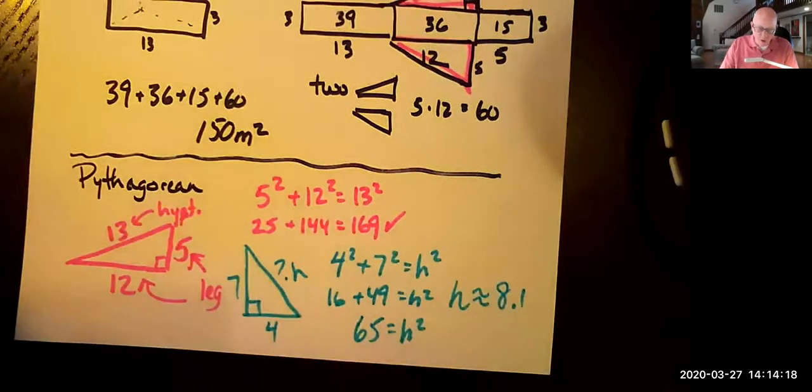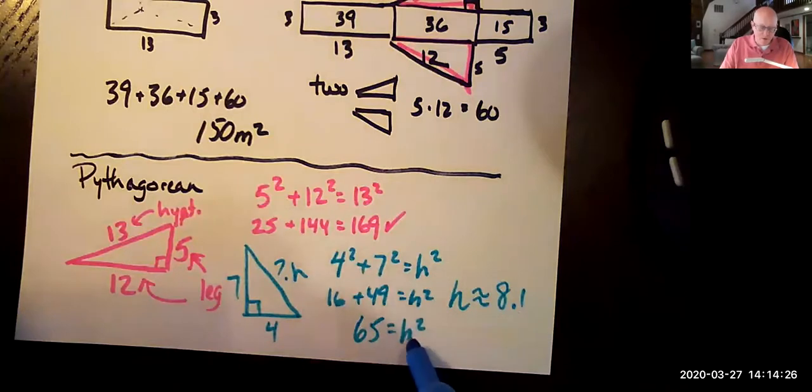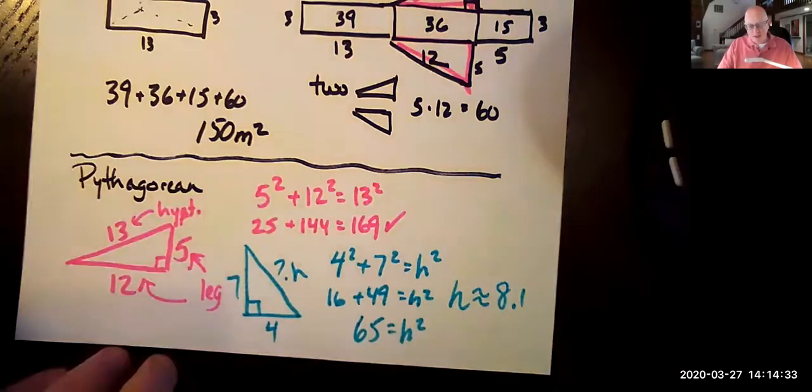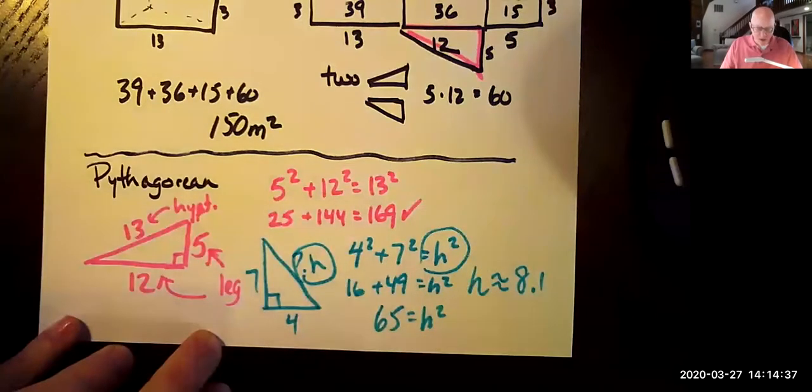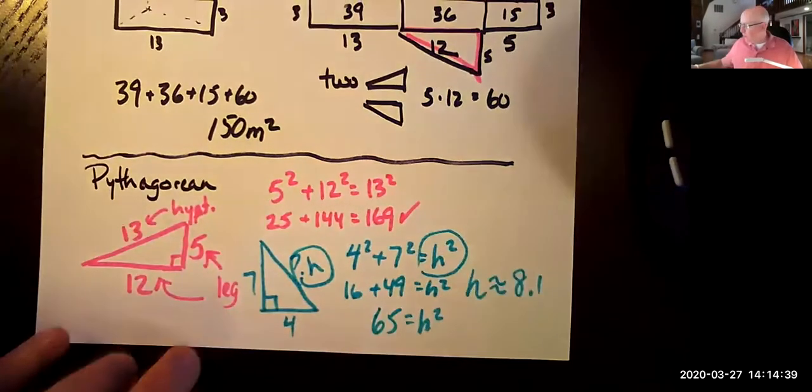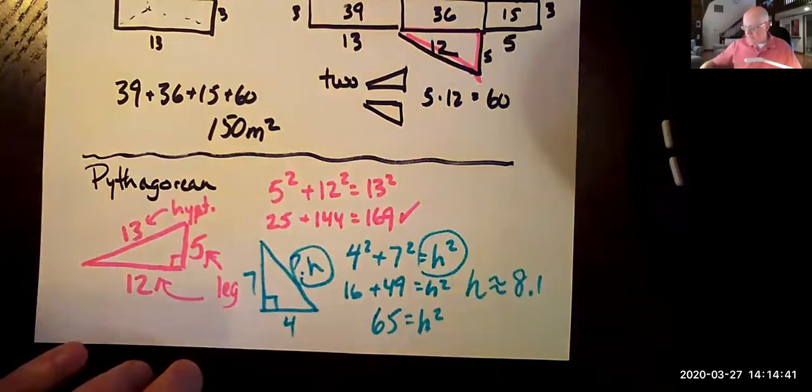I'll call it 8.1, but it's a little bit bigger than 8 because the square root of 64 would be 8, right? And therefore, if we put an 8 in here, 8 squared would be 64. We just have to have a little bit more than that. So that's an example where h is the unknown, and our unknown goes on the other side of the equal sign. Let's do one more.